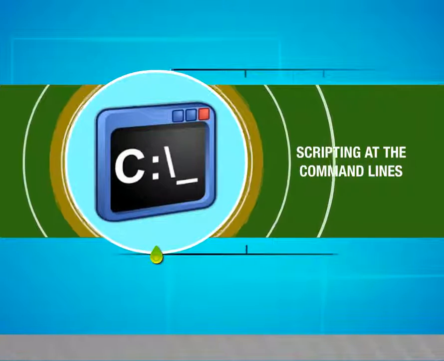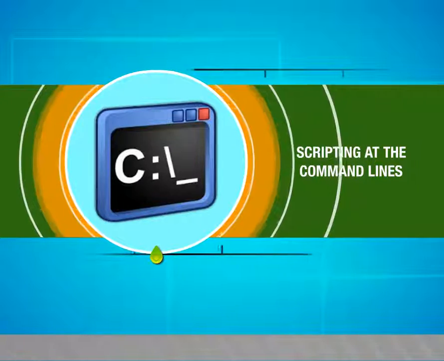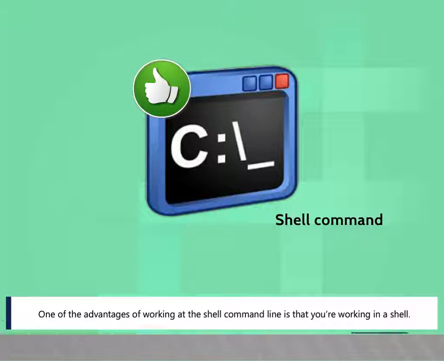Scripting at the command line. In this video, we are going to see about scripting at the command line. One of the advantages of working at the shell command line is that you are working in a shell.